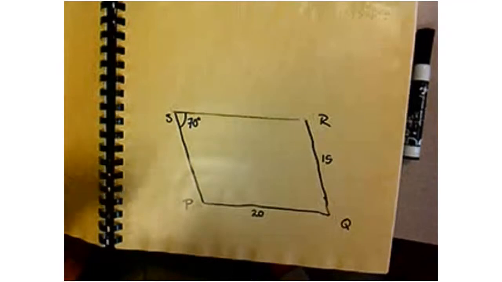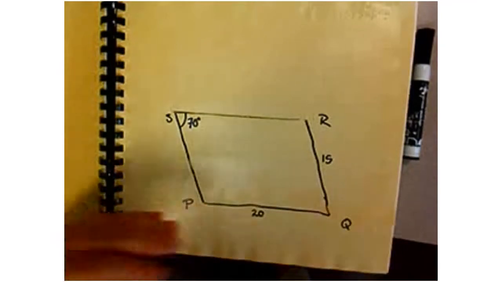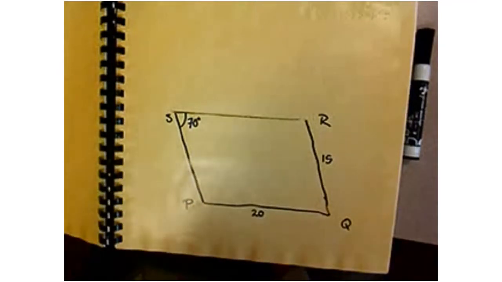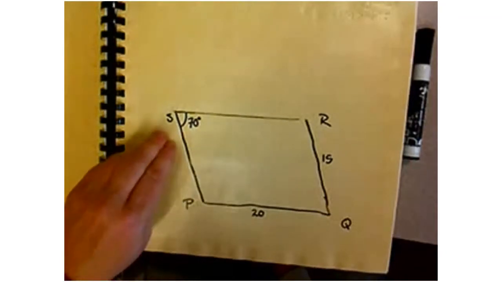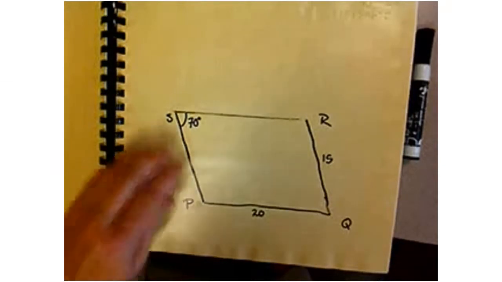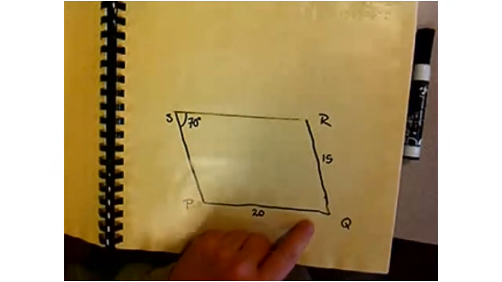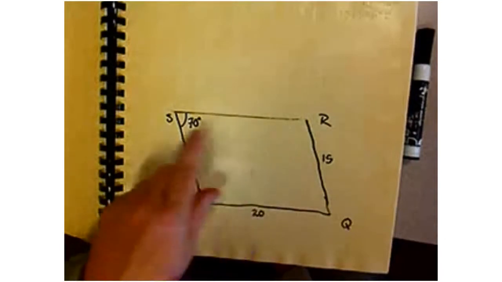And so let's go through this example, and it kind of goes through three different proofs to get us to a point of showing that a parallelogram can have 360 degrees and that sides and angles are congruent. We're given in parallelogram PQRS that PQ is 20, QR is 15, and angle S is 70.